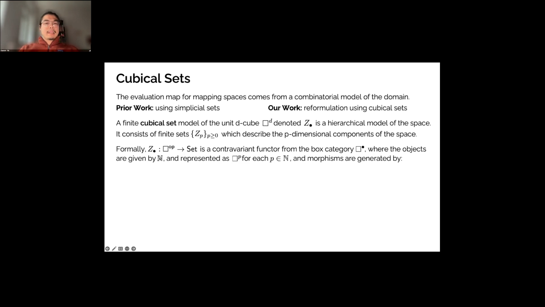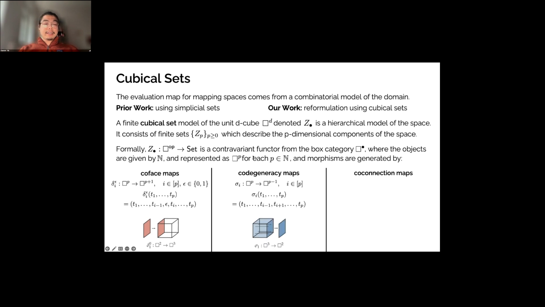More formally, we can think about this as a certain contravariant functor from a certain box category. Here, the objects are just elements of the natural numbers, and the morphisms are generated by these 3 types of maps. If you're familiar with simplicial sets, this should look quite similar, except we now have these co-connection maps, which should be thought of as an extra type of codegeneracy.